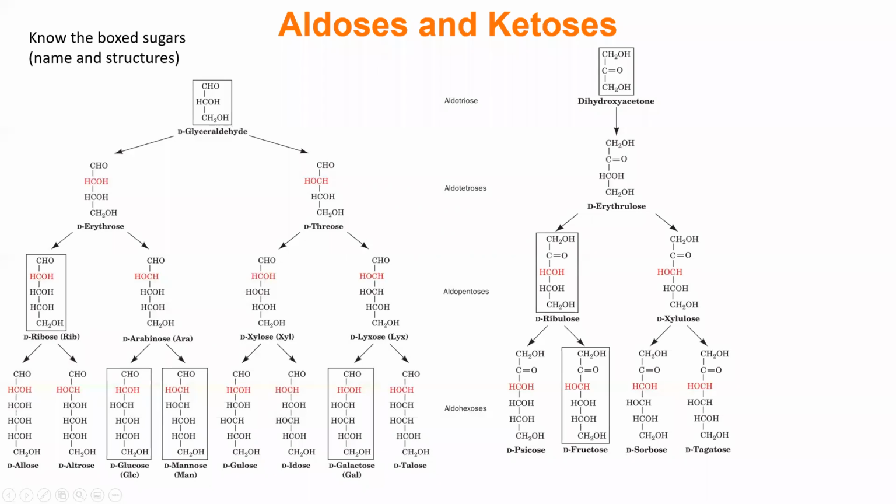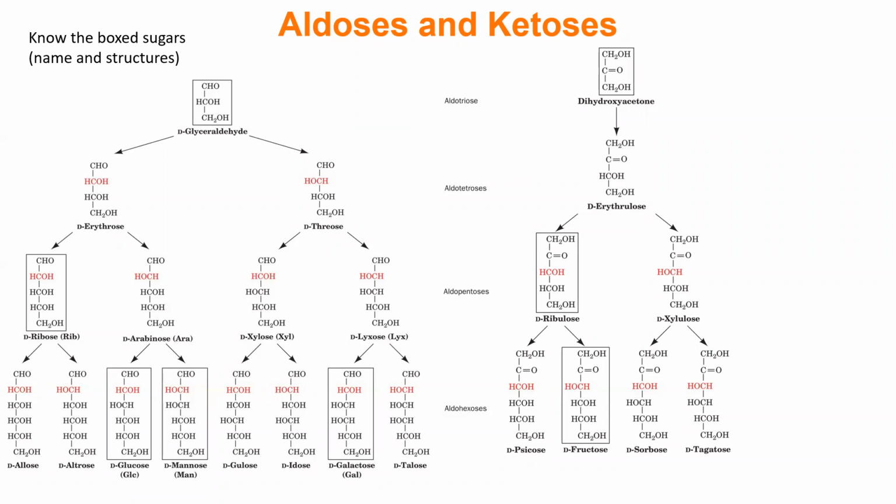And so to begin, there are a lot of different sugars. However, the only sugars that are really important in our body are the ones that I have boxed right here. So these are the ones I need you to know, both structure and name.